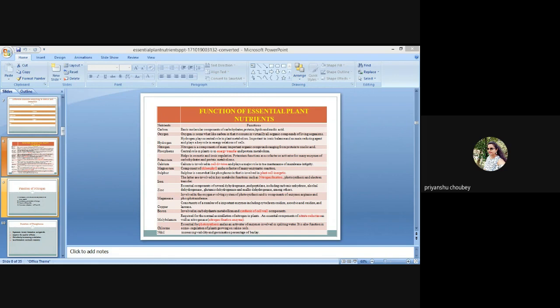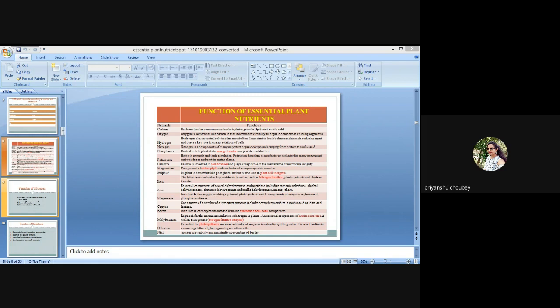In conclusion, 17 elements: carbon, hydrogen, oxygen, nitrogen, phosphorus, potassium, calcium, magnesium, sulfur, iron, manganese, zinc, copper, nickel, boron, molybdenum, and chlorine have been identified as essential for completion of the plant life cycle.